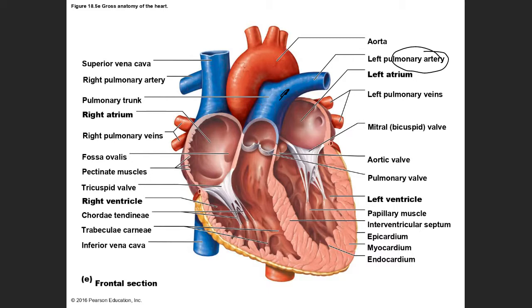An artery carries blood away from the heart. So the left pulmonary artery over here is carrying blood outside of the heart, away from the heart. Where? To the lungs. Right? Left and right pulmonary arteries. So therefore it's an artery by definition.